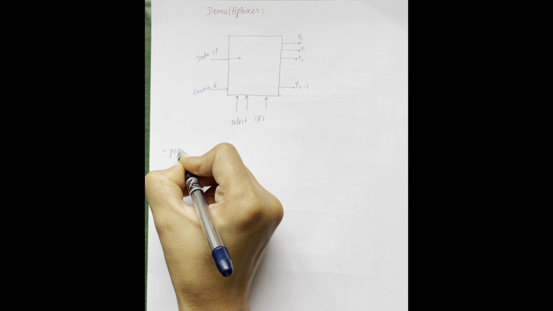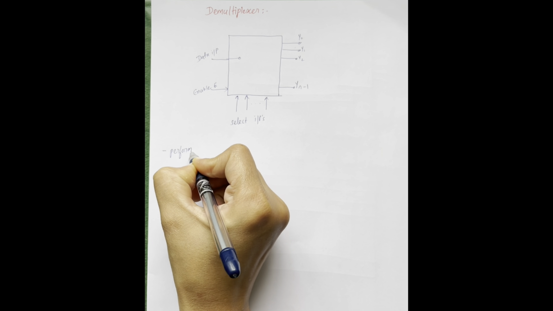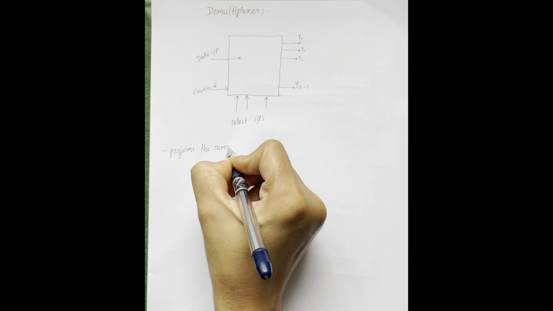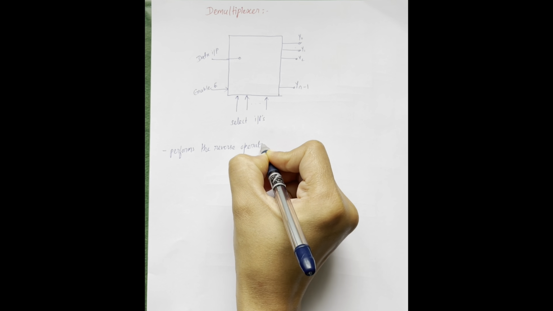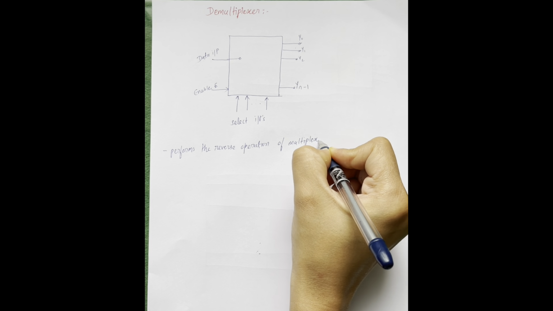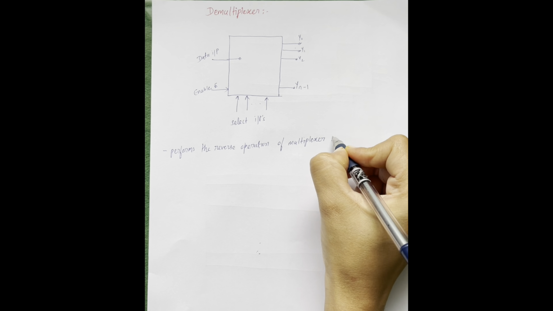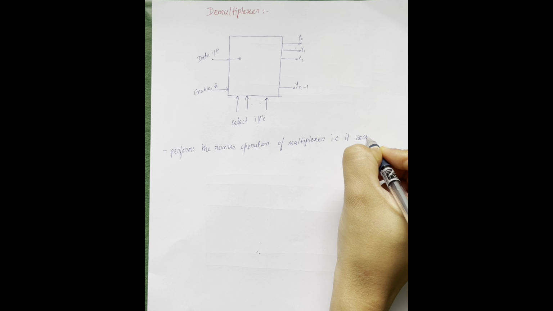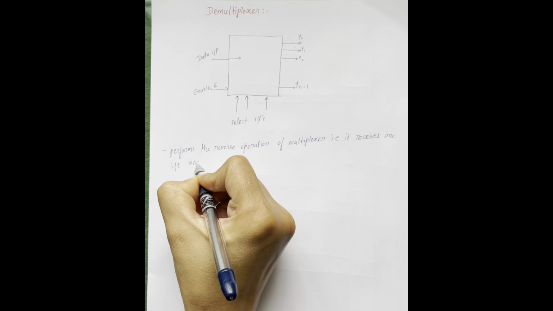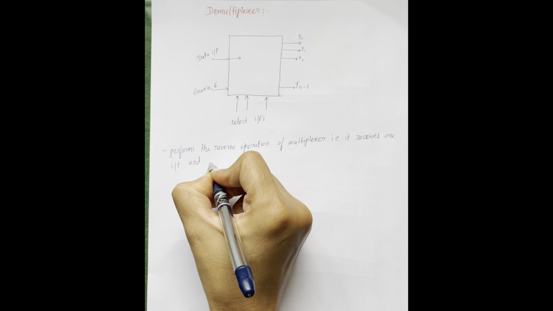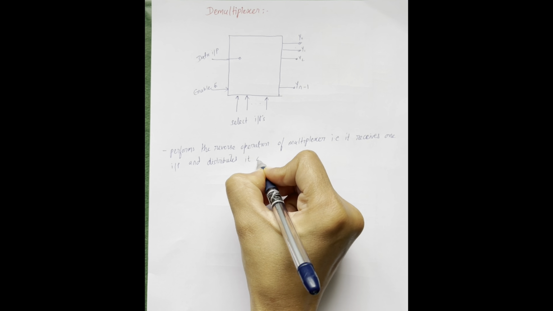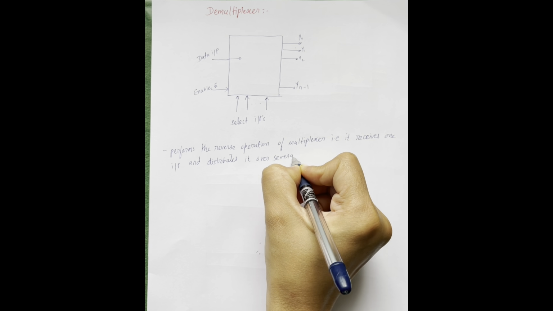Demultiplexer performs the reverse operation of multiplexer, that is, it receives one input and distributes it over several outputs.